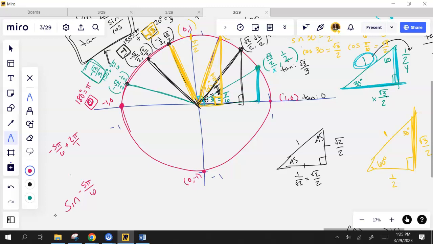Remember common denominators. So I'd have negative 5 pi over 6 plus 12 pi over 6, which is 7 pi over 6. So I would go on my unit circle.